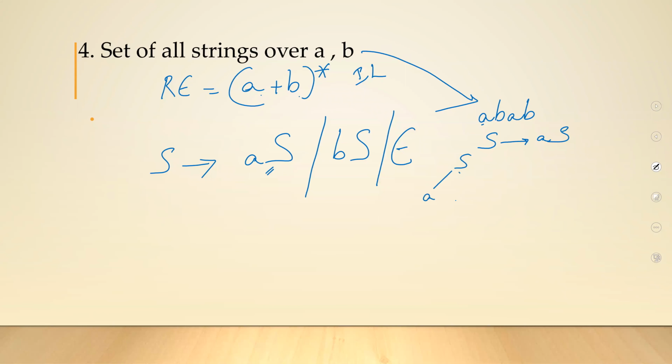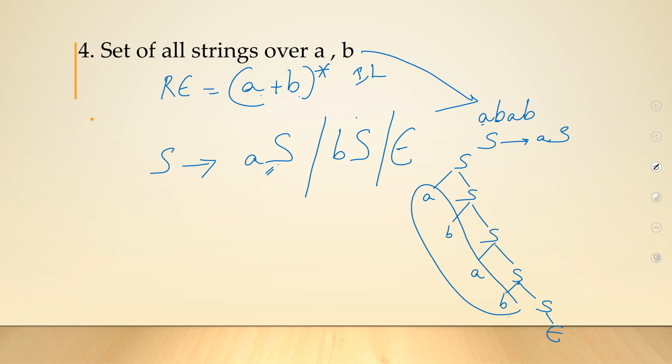After that, what do I want? I want a B. So next time for S, I will go for B, S. After that, what do I want? I want an A. So I'll go for my first one again, A, S. After that, I want a B, so I'll be going for B, S. That's it. I'll stop. This is my tree yield.